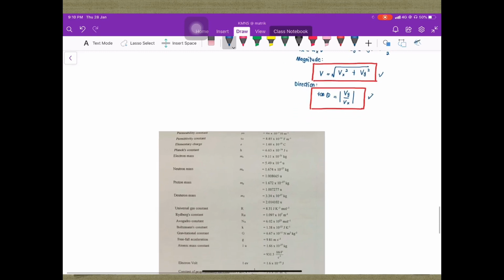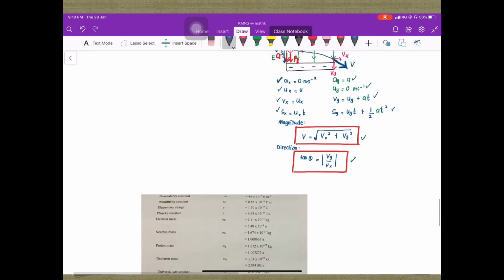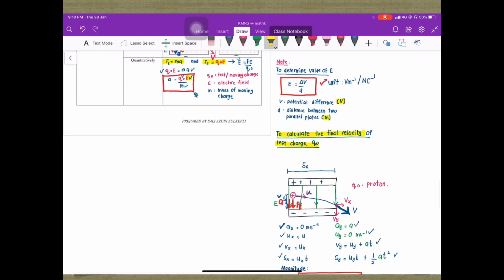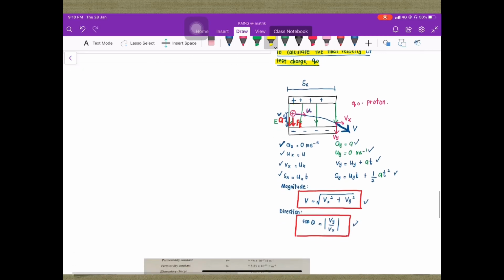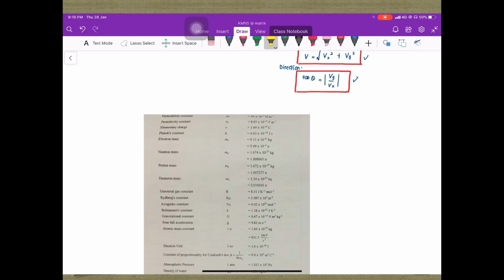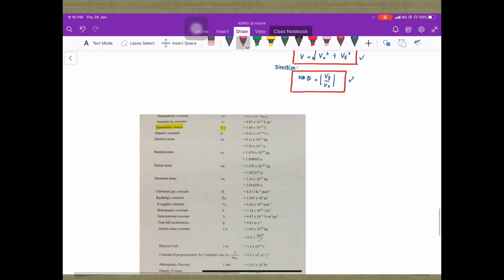Last for today, I want to show you this table here. Look at this. The symbol m refers to the mass of the moving charge. Just be alert. For the elementary charge e, just jot down that the value of the charge of an electron and a proton is equal.